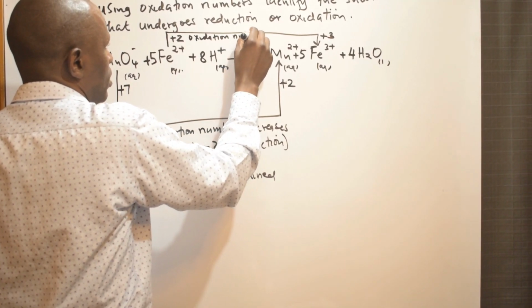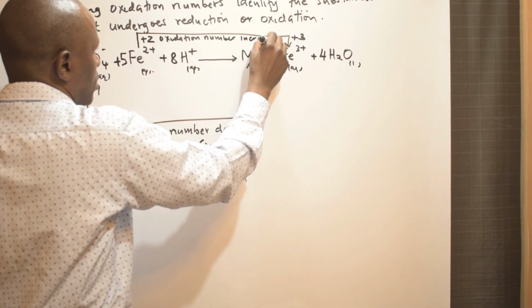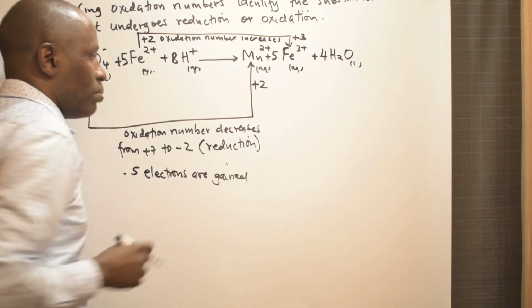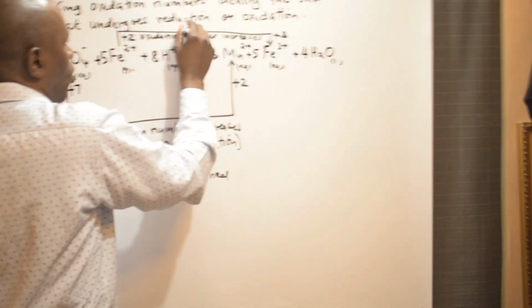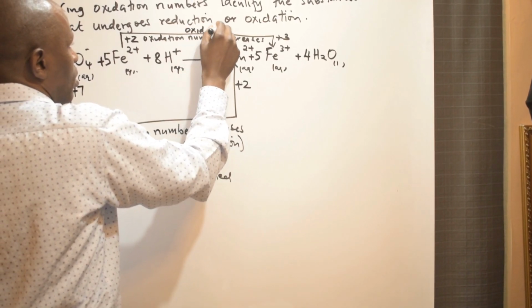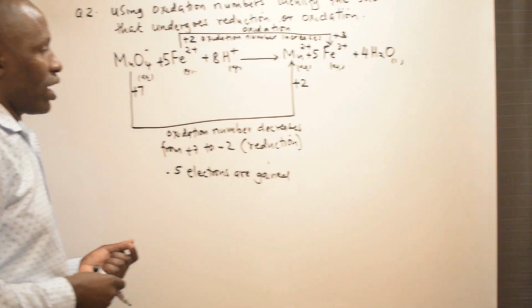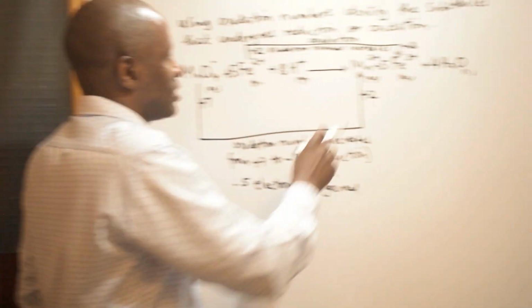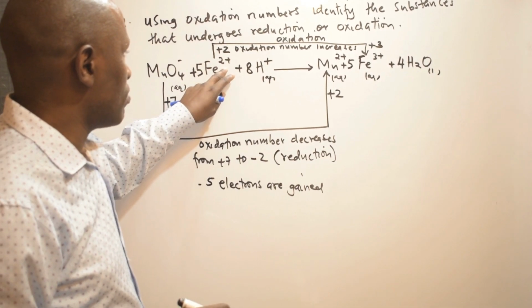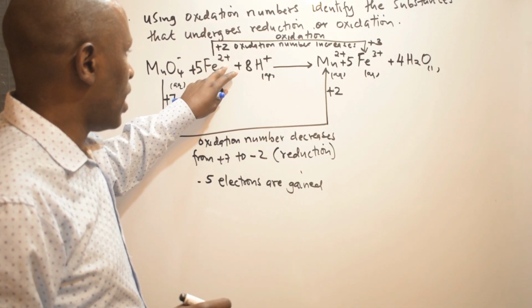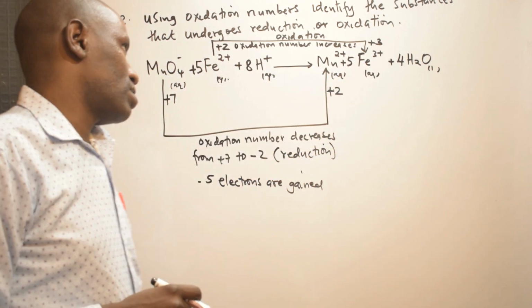The increase in oxidation number is what we call oxidation. And therefore it is correct to say that the iron(II) ions are oxidized to iron(III).